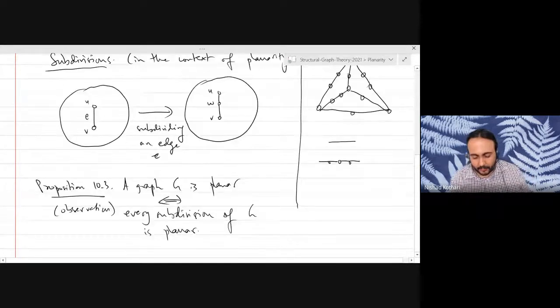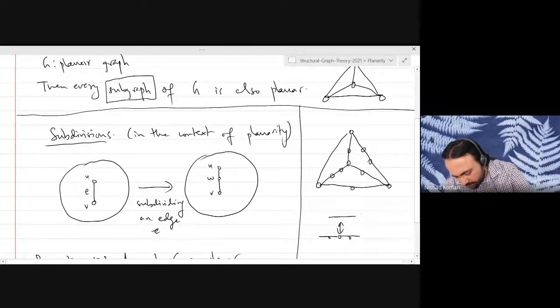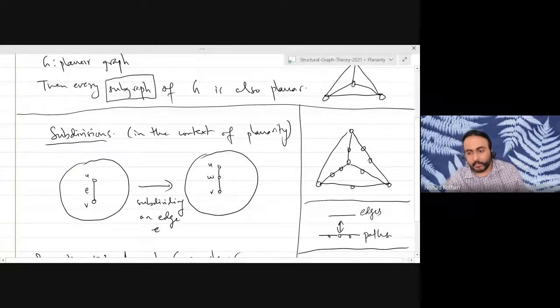Okay? If you take a subdivision and it is planar, you can also get the original graph. You just replace the path by a single edge, and you keep doing this until you get your original graph. Right? So there is no real difference between edges and paths when you are thinking about it from a topological point of view. Does everybody agree with me?